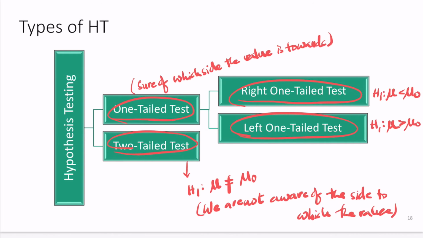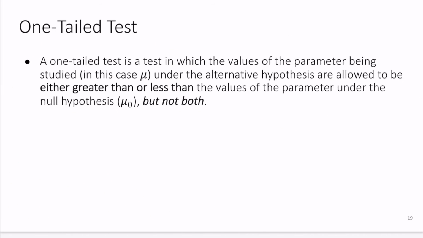We are basically saying in a two-tailed test that it is not equal to mu naught, but we do not know whether it is less than or greater than. In a one-tailed test, we know whether it's less than or greater than. Here we are saying that we are not sure, but there is a change. So there is a change towards one side, but here there is no change towards one side only.